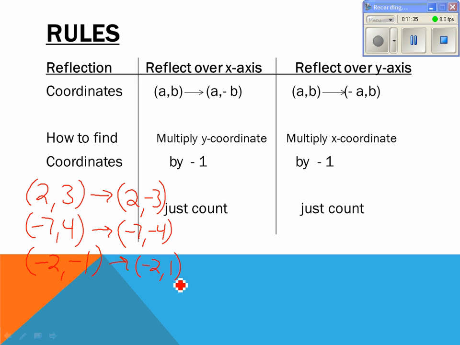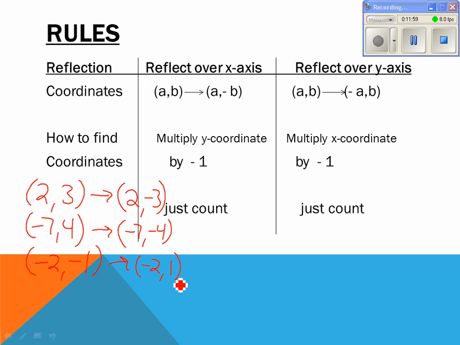The other thing you could do, if you don't want to look at the coordinates so much, all you're doing is taking the y coordinate and multiplying it by -1, changing the sign of the y coordinates. If you're reflecting over the y-axis, instead of changing the y coordinate, what's it change? The x coordinate.